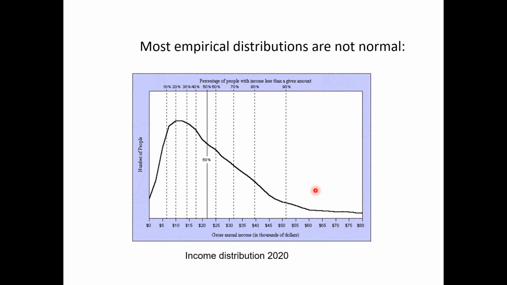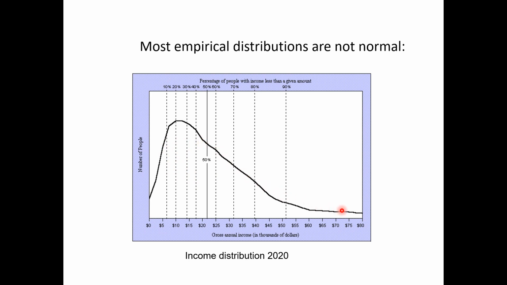Now, like I was saying, most of the empirical distributions are not normal. This is the income distribution for 2020, and you can see the data is skewed. What do we mean by this? This means that if we were to plot the mean, this is the 50%, the majority of the people were earning less.